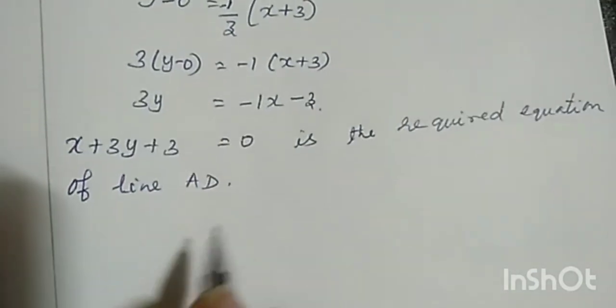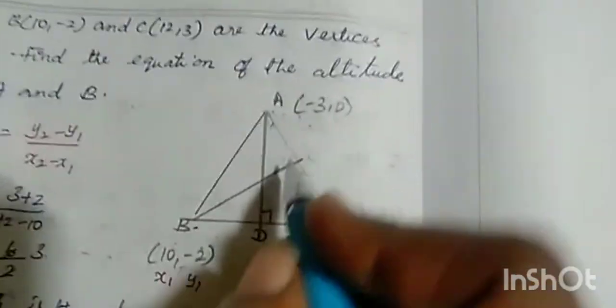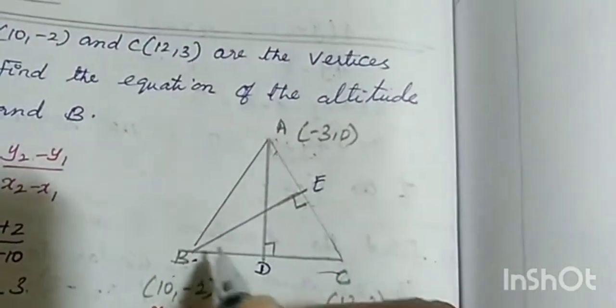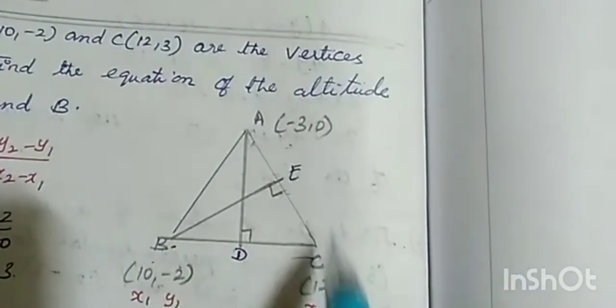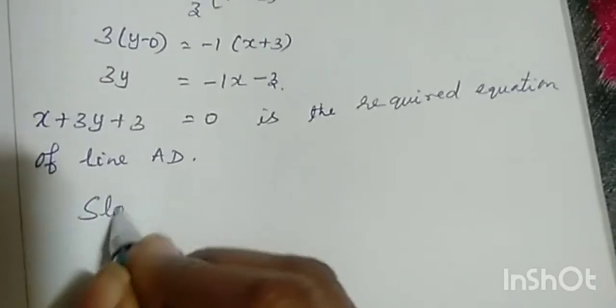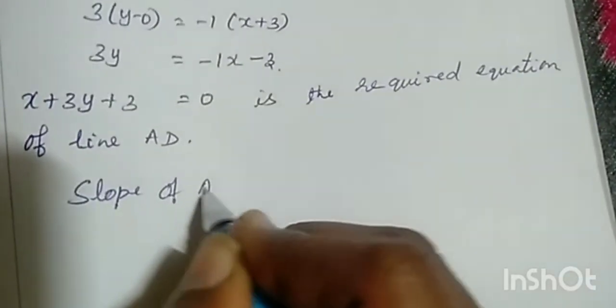Now we are going to find the altitude through B. So A, B, C, D. I will mark this as E. We have to find the equation of BE. For that we have to find the slope of AC.